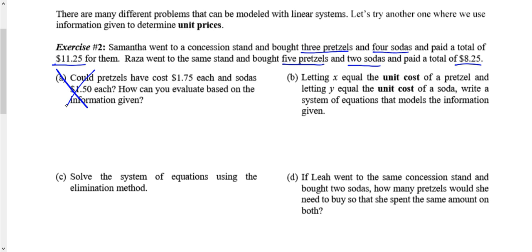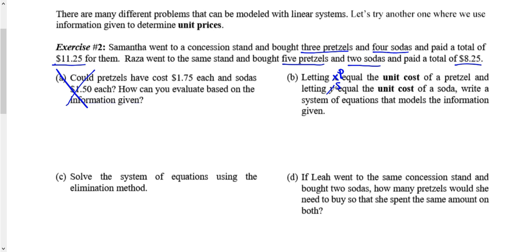Part A, never mind. Let's go over to part B. Let's not let X equal the pretzel. How about instead of X, we use P for pretzels? And for the sodas, how about instead of Y, we use an S? Just don't make it look like a 5. So let's write a system of equations for these two.